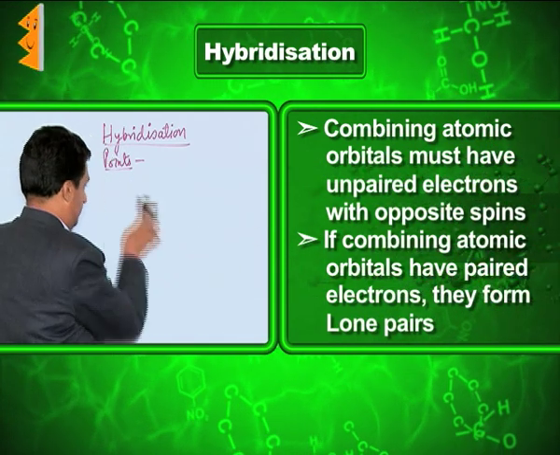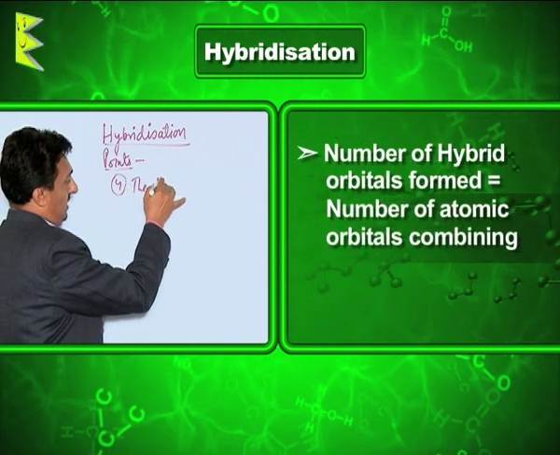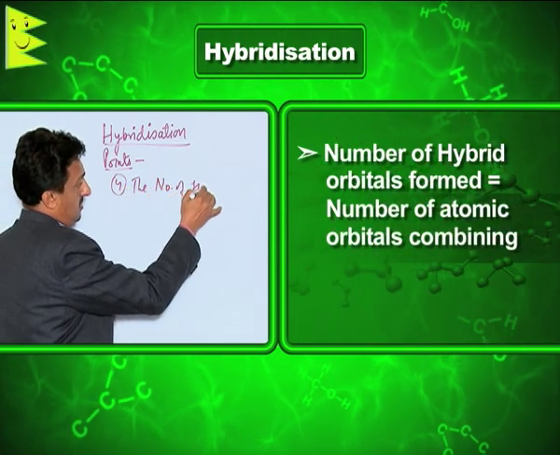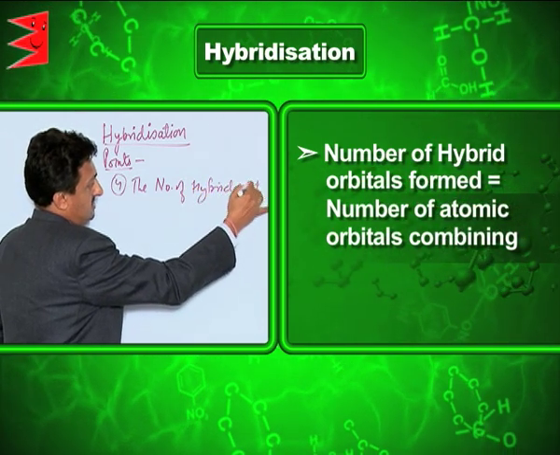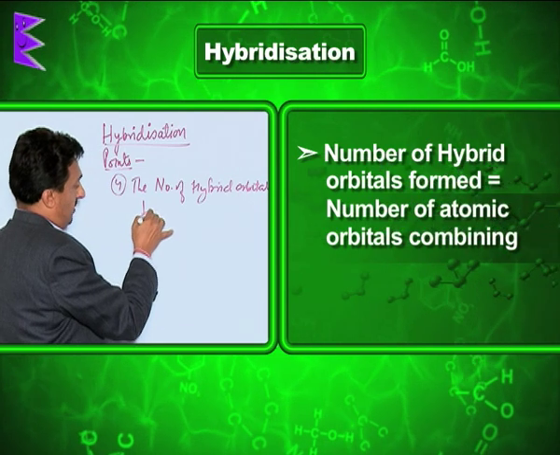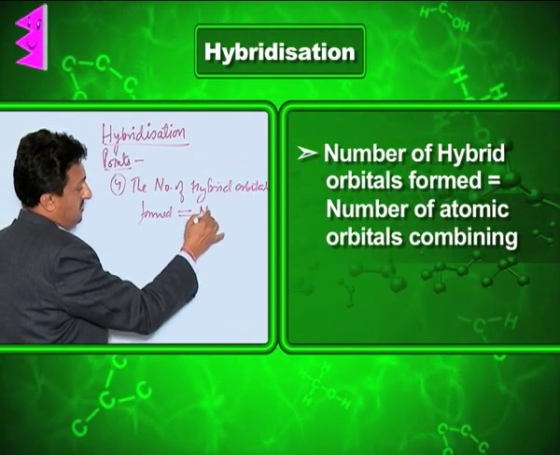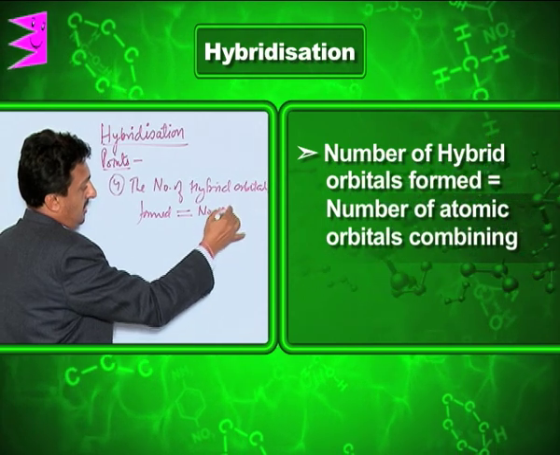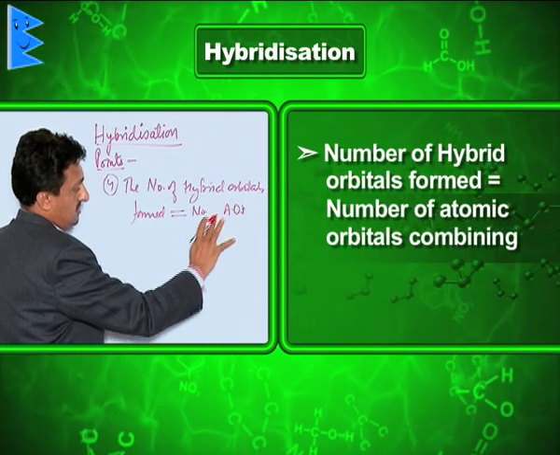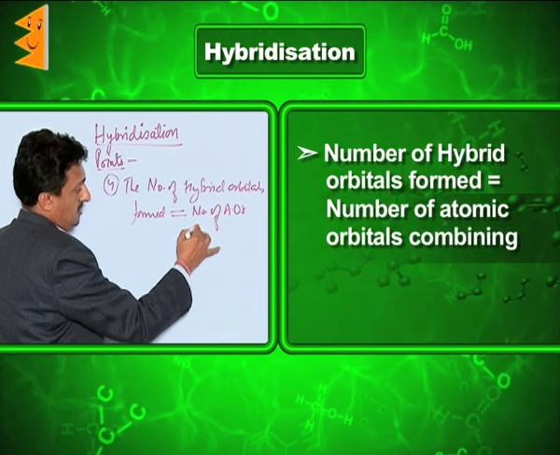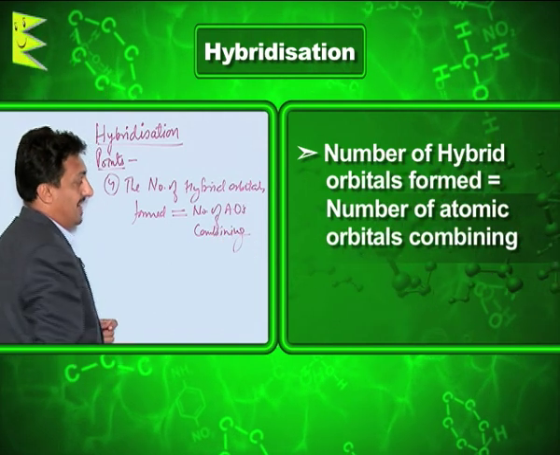Next point, the number of hybrid orbitals formed is always equal to the number of atomic orbitals combining.